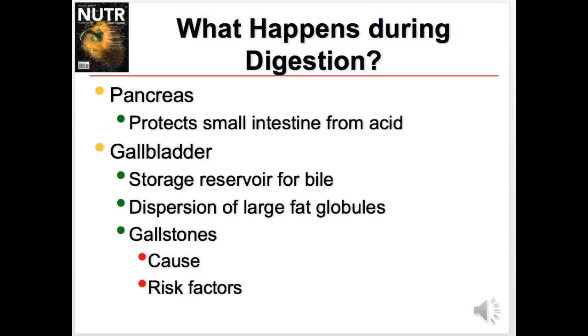Often this can be controlled by healthy weight and eating a diet high in fiber. Basically, anybody that has had a gallbladder attack, if the body doesn't disperse them on their own, will often have to have surgery to remove the stones.